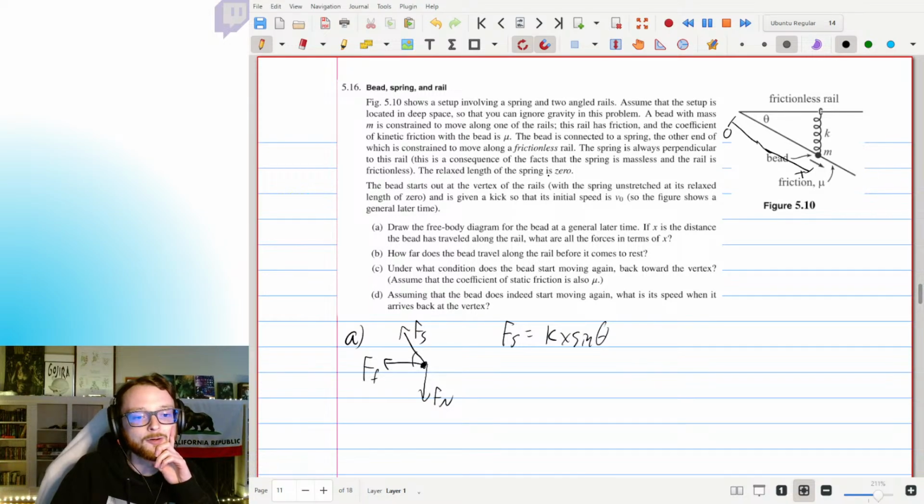This angle here is pi over 2 minus theta because it's this angle here. How does that help me?